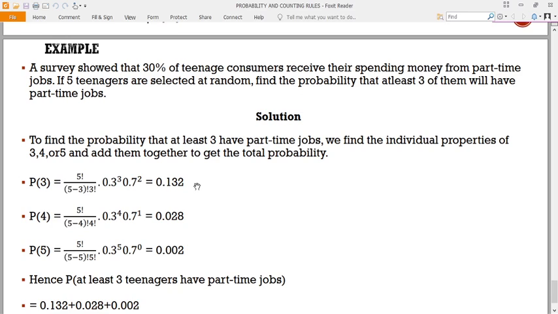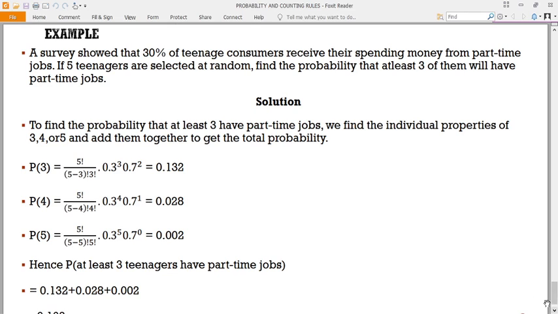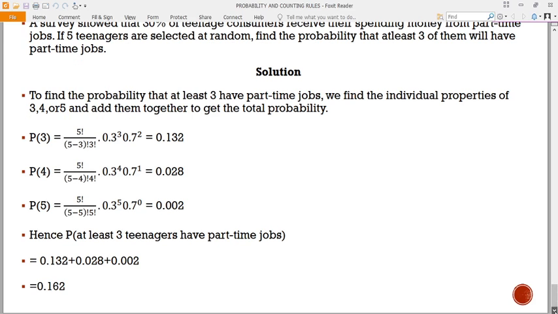So what you get will be the probability when 3 people get their money from part-time jobs, then 4. Since the question was saying at least 3, we are going to add 3 plus 4 plus 5. So the total we get will be the probability that at least 3, or 3 people and more, receive their money from part-time jobs. And that's it.